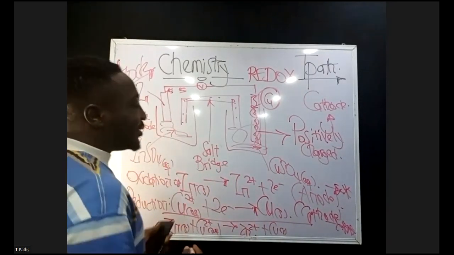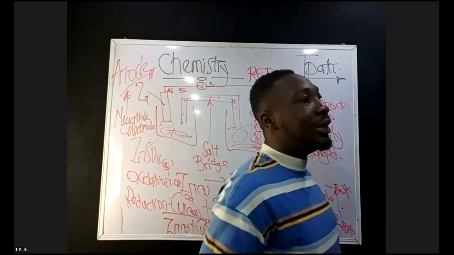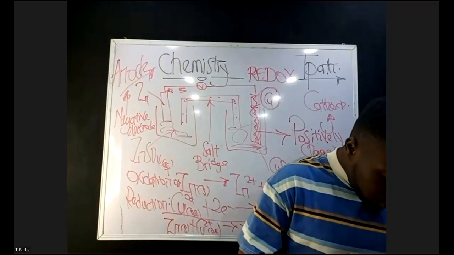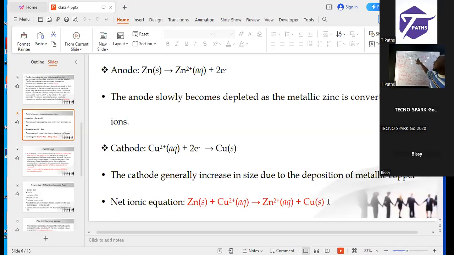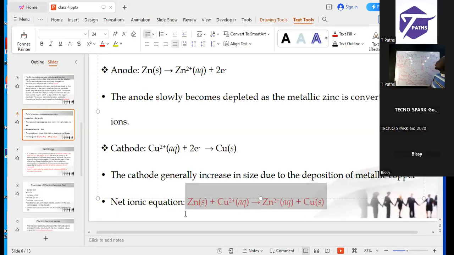This is the net ionic equation. With that, we've been able to understand the reactions going on in the electrochemical cells.